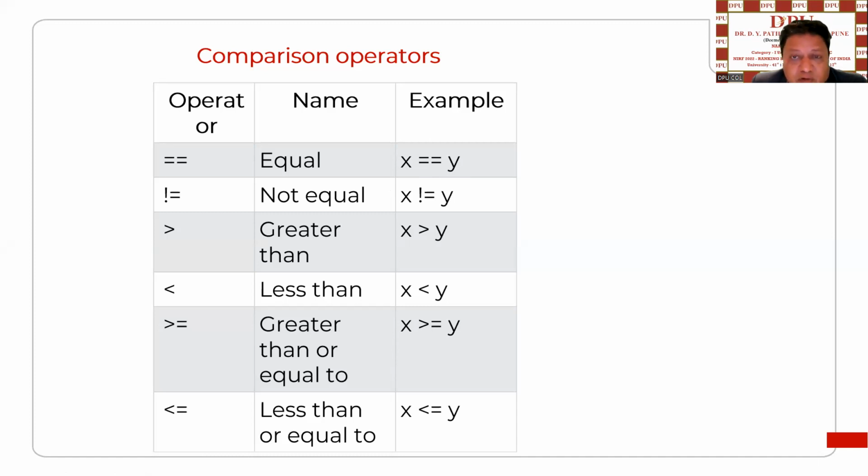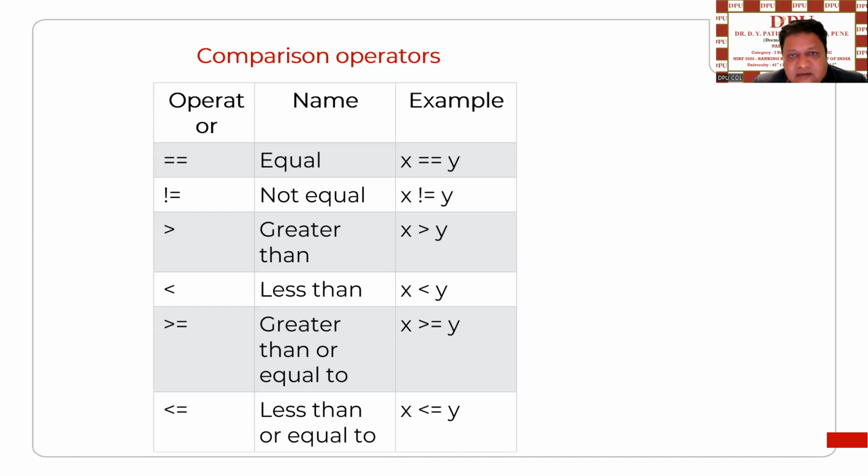If you want to find out whether one number is not equal to the other one, then I can use the not equal to comparison operator. For greater than, if you want to find out whether a number is greater than another number, I can use the right arrow sign, and for less than, the arrow pointing to the left, the left arrow sign.